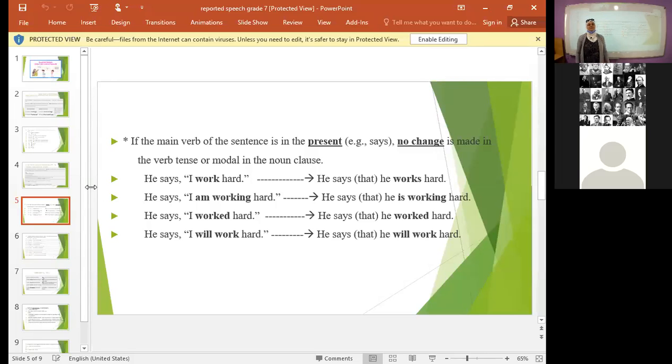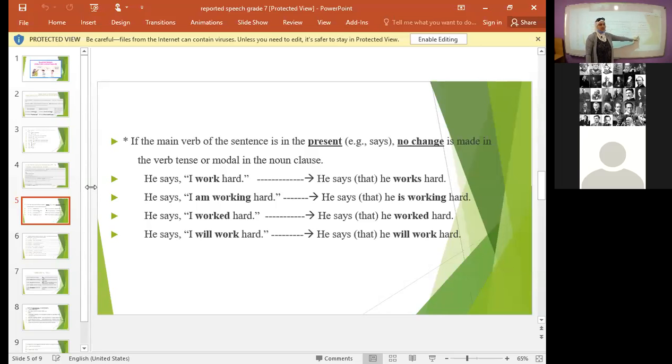so I have to change the verb and go one step back to the past. For the last time, while reporting someone's speech, forget about quoted speech: if the main verb is in the past, I change everything, the verb, the pronouns, everything. But if the main verb is in the present, I keep it in the present and I don't change the tense.